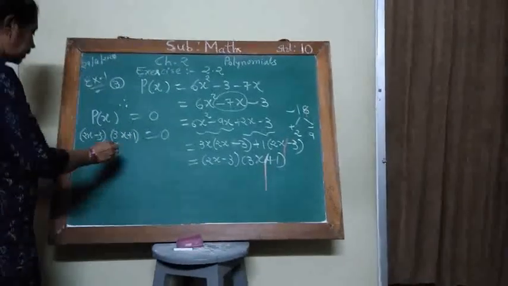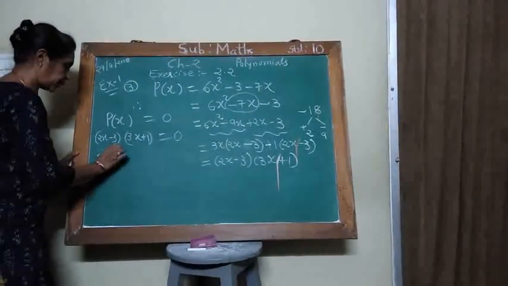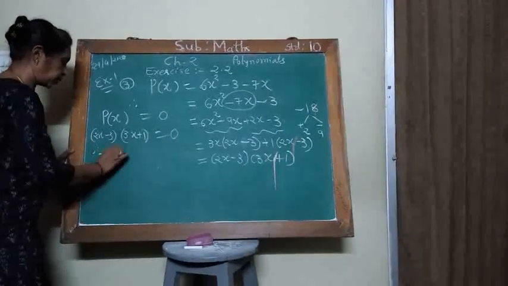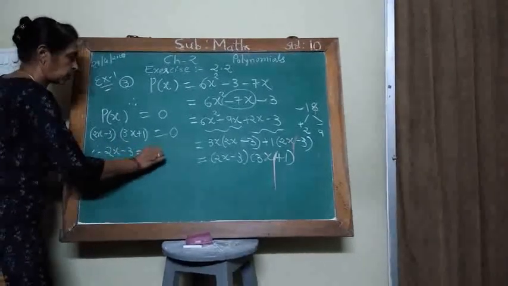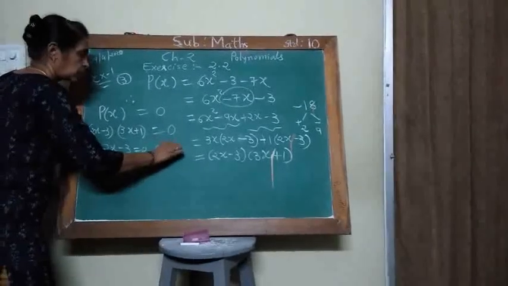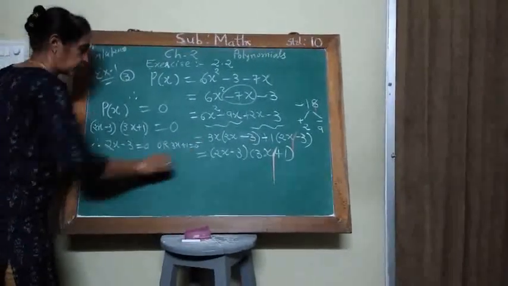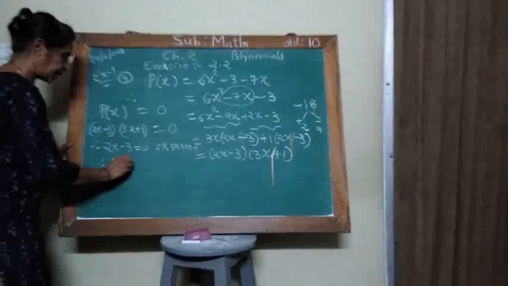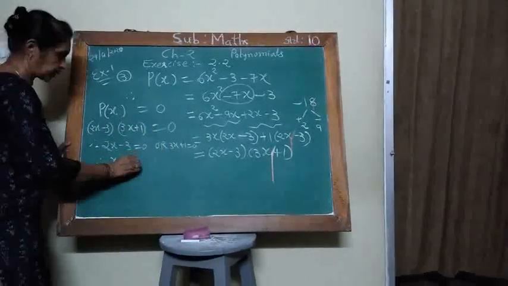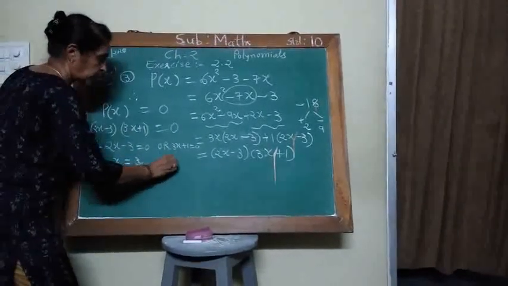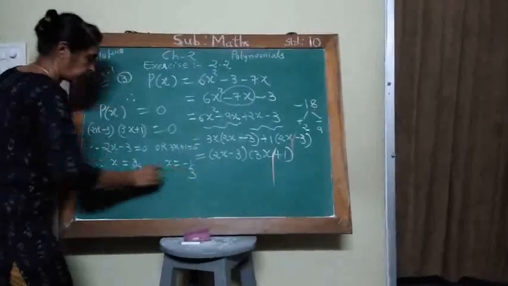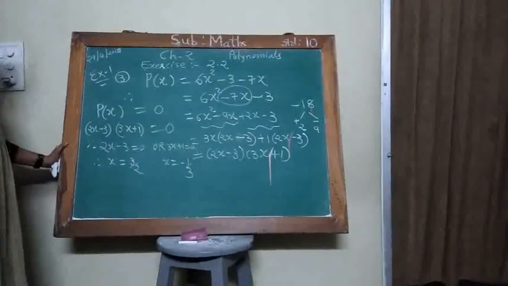So the value of 2x minus 3 equals 0 or 3x plus 1 equals 0. So x equals 3 by 2, and x equals minus 1 upon 3. These two are the zeros of the polynomial.